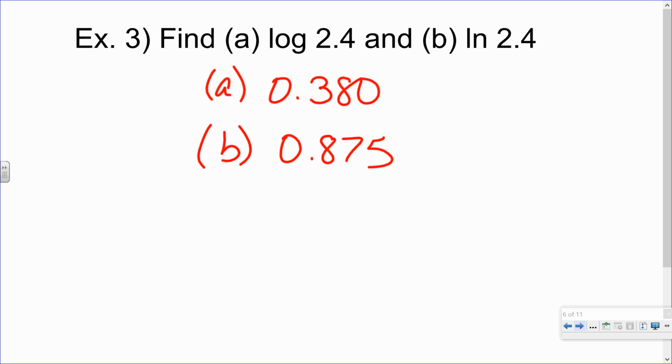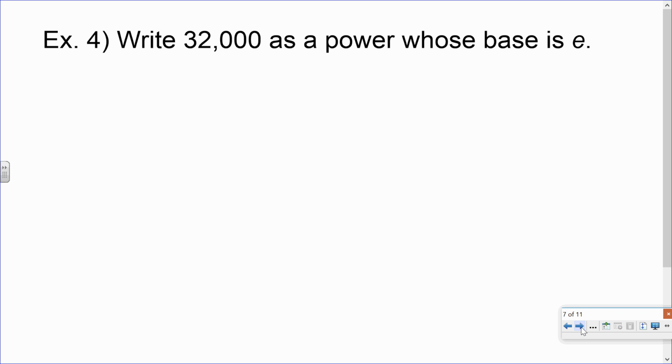All right, I think we're good with that. And last example of today's lesson. This is how short the lesson's going to be. 32,000 as a power whose base is e. This is just like what we were doing with 24 a moment ago. This time we want 32,000 to be a power with a base of e.